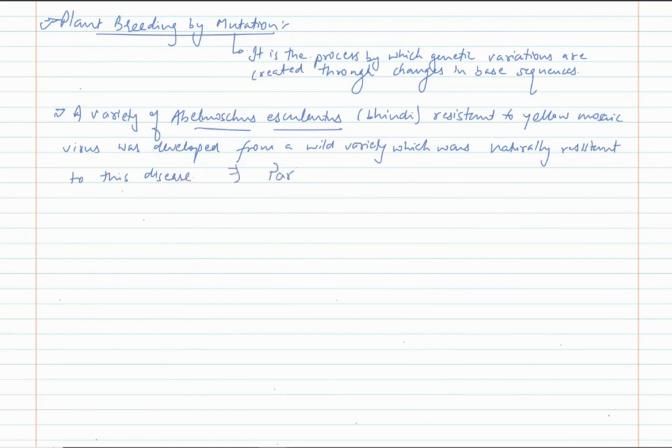This variety is known as Parbhani Kranti. So apart from wheat and rice, another variety, bhindi, which was developed from a wild variety, is known as Parbhani Kranti. This is also an example of plant breeding by mutation.